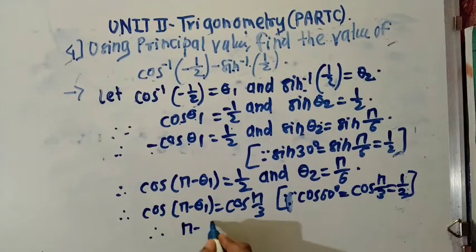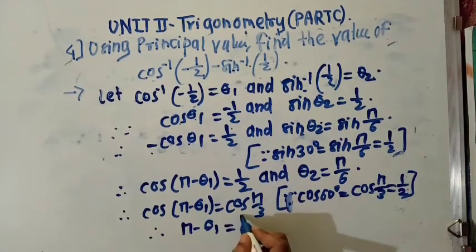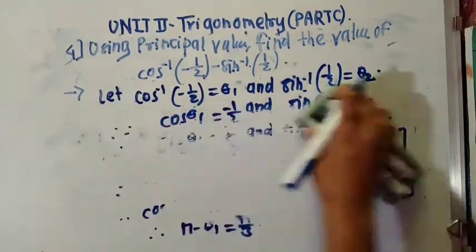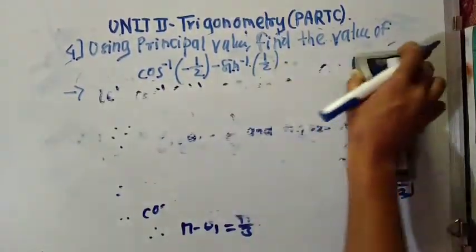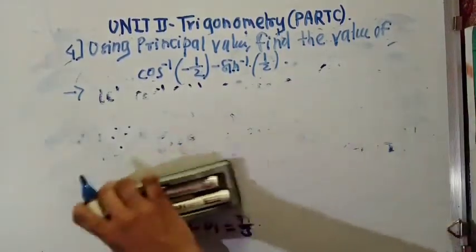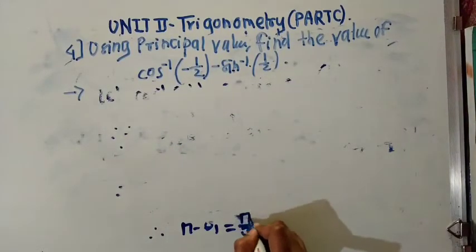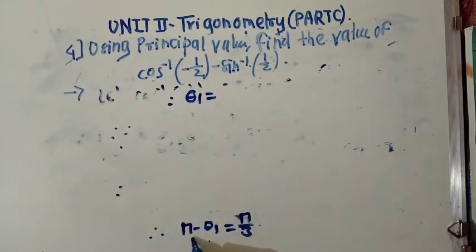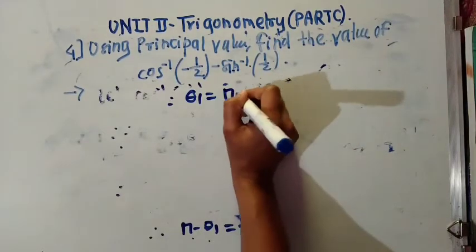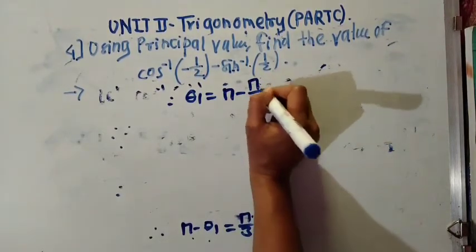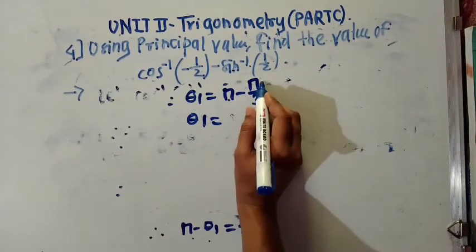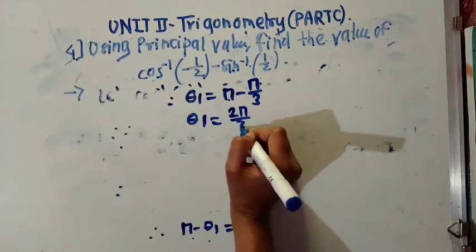Hence pi minus theta 1 is equal to pi by 3. Hence theta 1 is equal to pi minus pi by 3, which is 3 pi minus pi, that is 2 pi upon 3.